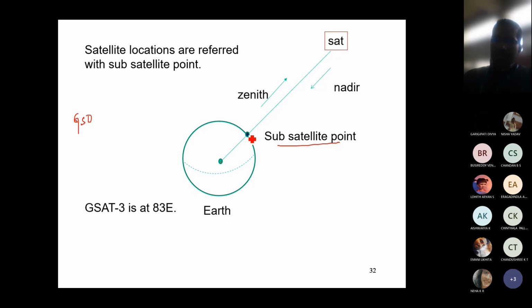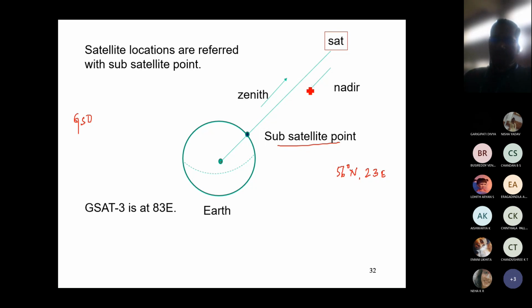And suppose this point has the coordinate 56° north and 23° east. So this is the latitude and longitude of the sub-satellite point.